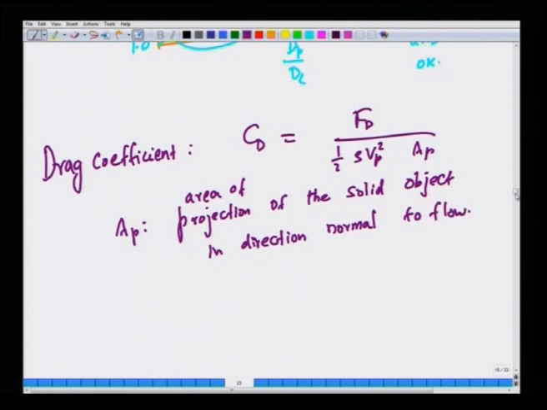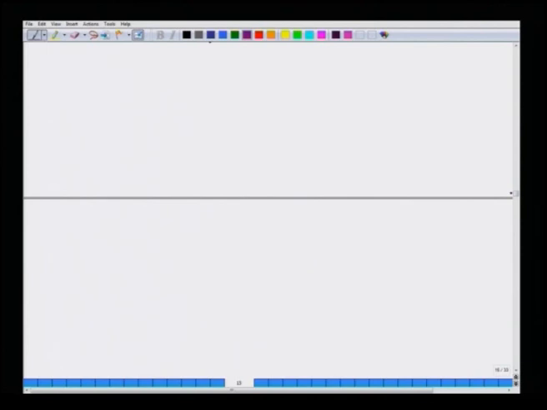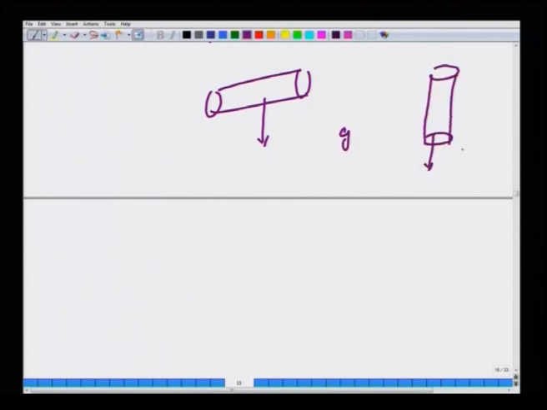Okay. So, for example, suppose you have a cylinder settling like this, and you have a cylinder settling like this, under the influence of gravity. The projected area is very different.